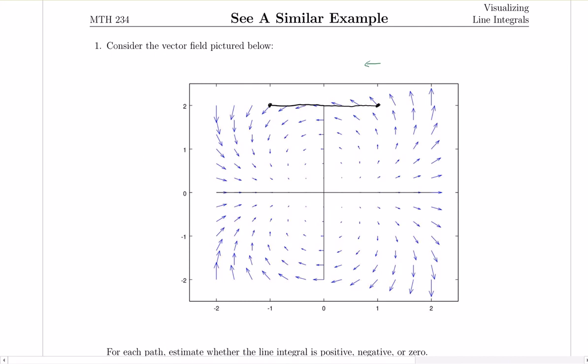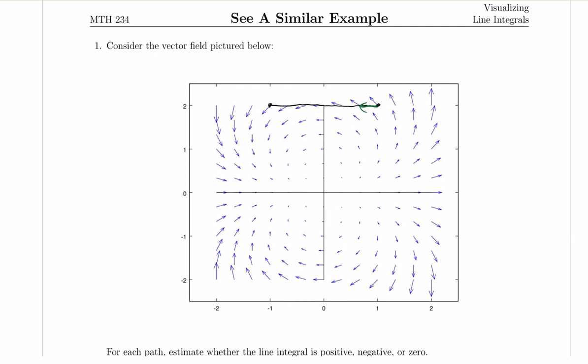And to interpret how the line integral of the vector field is going to evaluate, we need to think about what the dot product of this velocity vector is with the vector field itself. So at each point on the curve, imagine you draw the velocity vector and take the dot product with the blue arrow at that point.